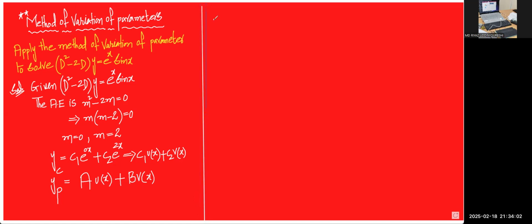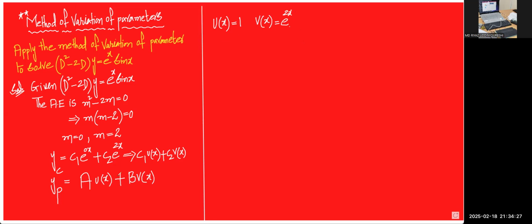Our u of x value is equal to e power 0x, that is 1. Our v of x value is equal to e power 2x.